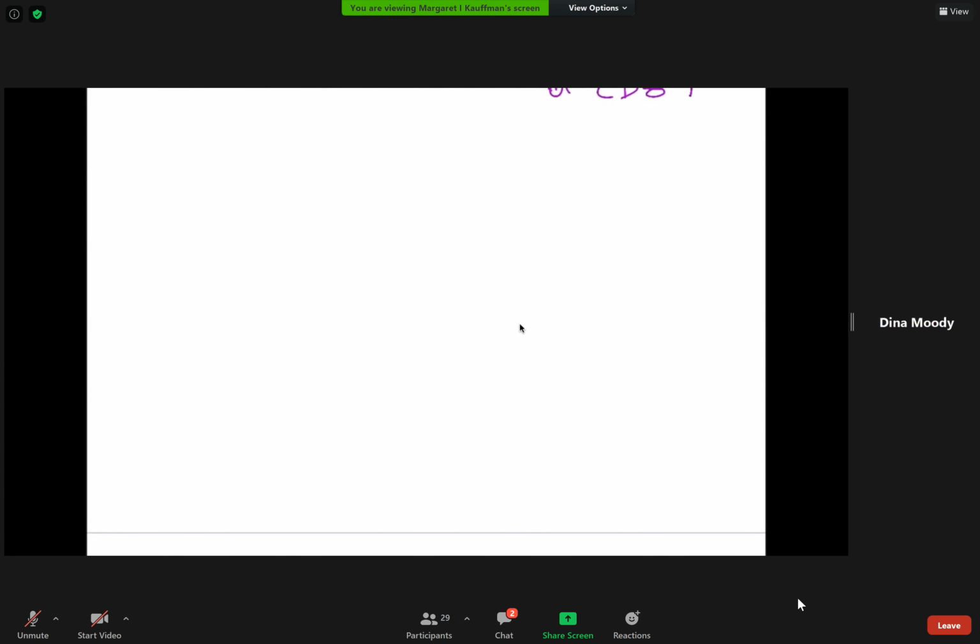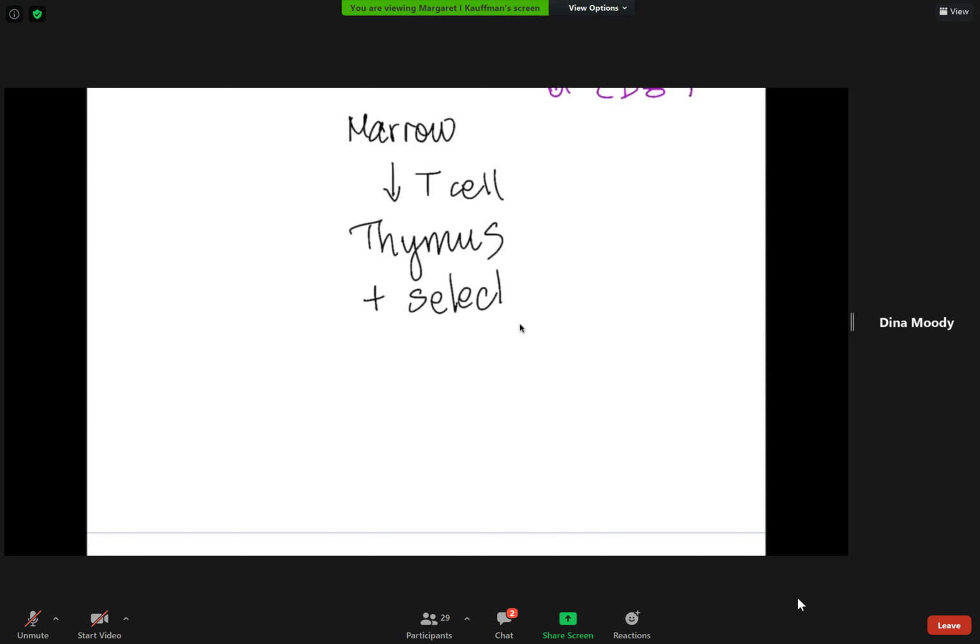Okay, Dina. So question 6 is, what 2 conditions must an immature T cell meet to survive selection in the thymus? The first is positive selection. Only T cells that are able to recognize the self-MHC proteins will survive to move forward to negative selection.